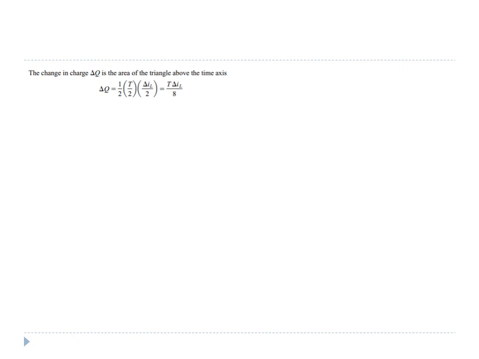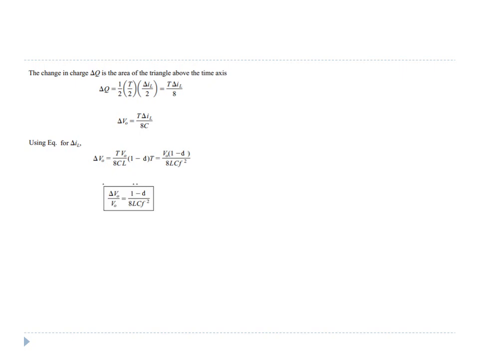Delta Q can therefore be written as 1 upon 2 into T by 2 into delta IL upon 2. So we can also write down delta V naught, which is delta Q upon C, and delta IL we have already calculated. So substituting the value of delta IL, we find out delta V in terms of D, the value of L and C, and the switching frequency F.